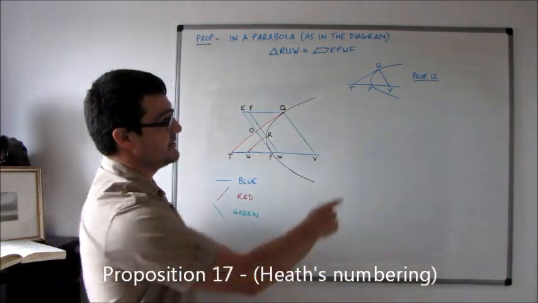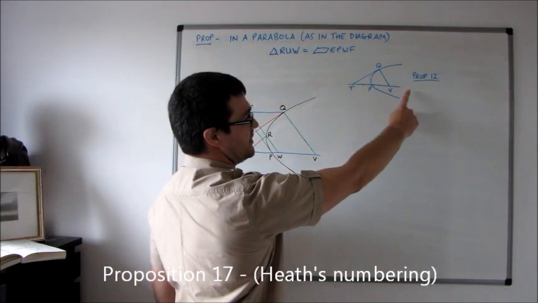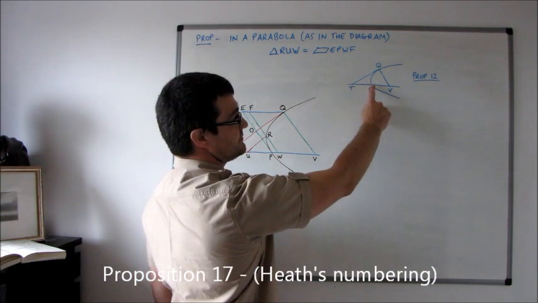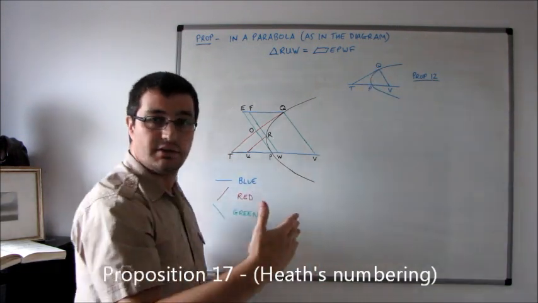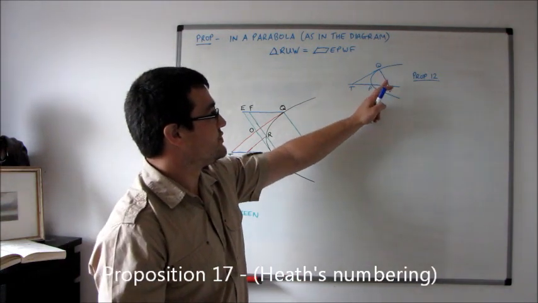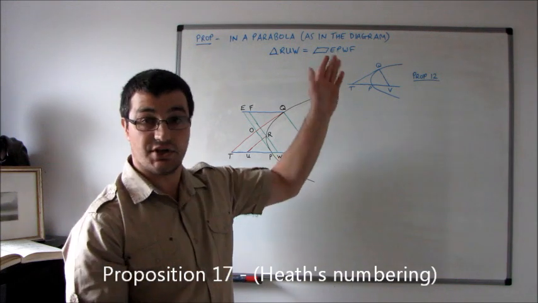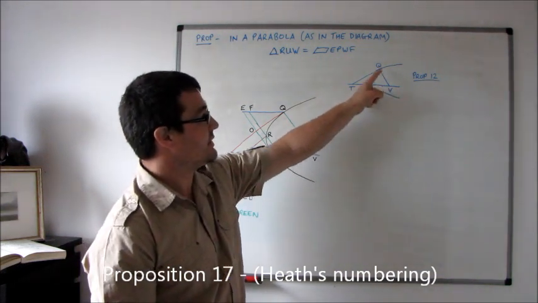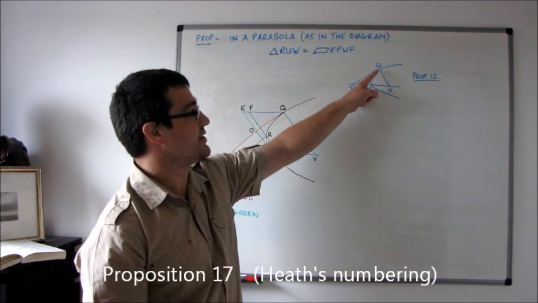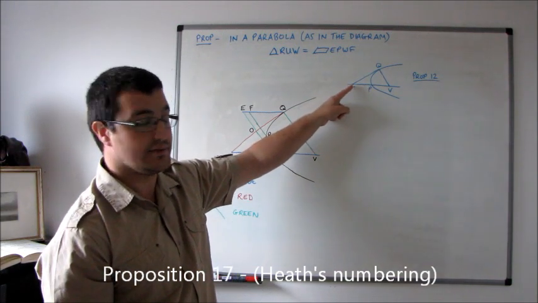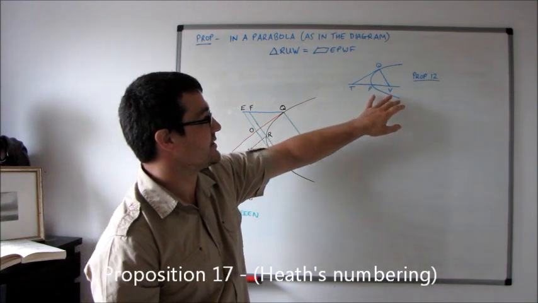What this says is that given a parabola and a diameter through the point P, and just any other point Q on the parabola, if we draw a line ordinate-wise from the diameter to Q, so that line meets the diameter here at V, and then if we draw the tangent at Q down to the diameter meeting the diameter in T, then TP is going to be equal to PV.